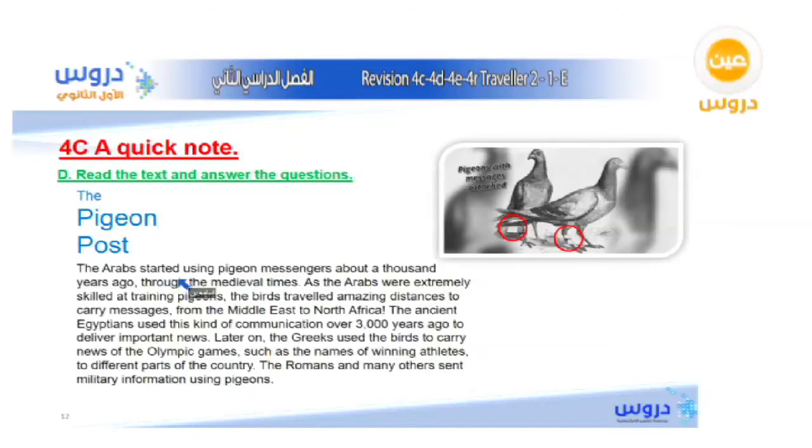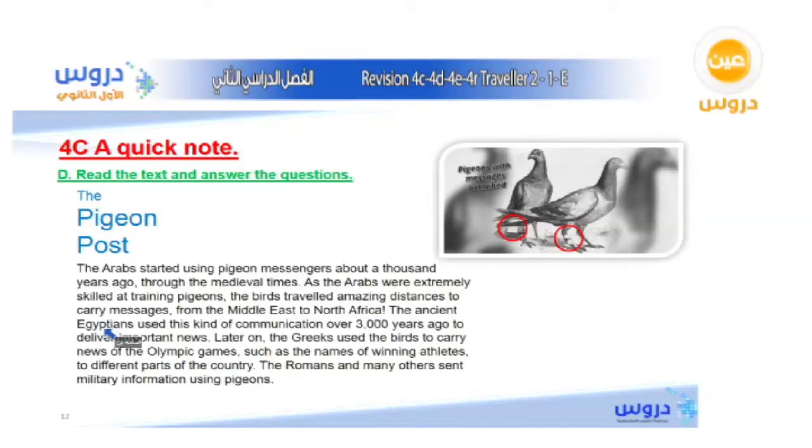The Arabs started using pigeon messengers about 1,000 years ago. Through medieval times, as the Arabs were extremely skilled at training pigeons, the birds traveled amazing distances to carry messages from the Middle East to North Africa.